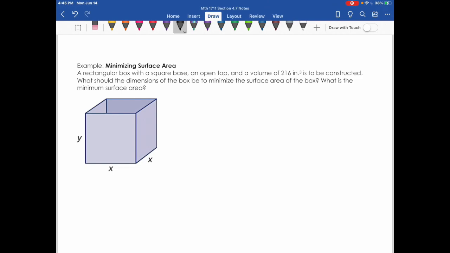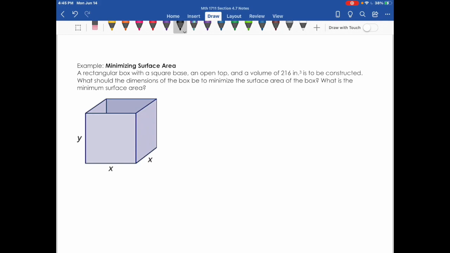In the last example for this lesson, we're going to talk about minimizing surface area. The example says that a rectangular box with a square base and an open top, and a volume of 216 inches cubed, is to be constructed, and we need to figure out what the dimensions of the box should be to minimize the surface area of the box.